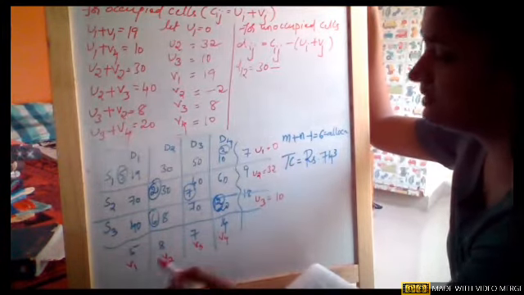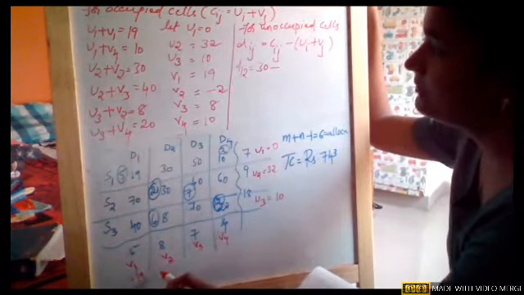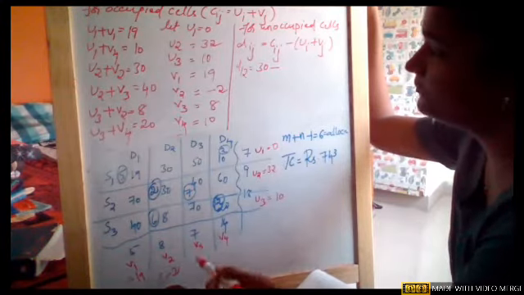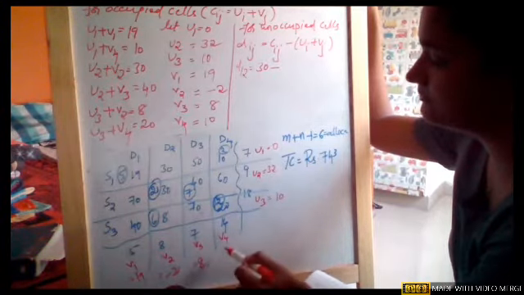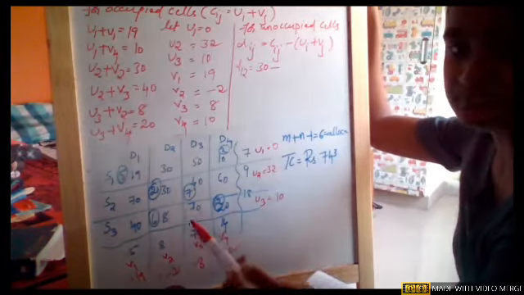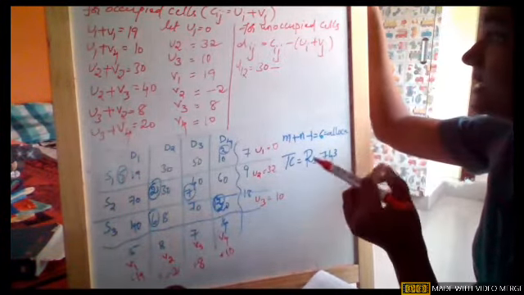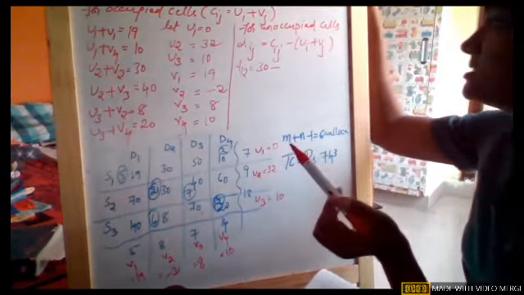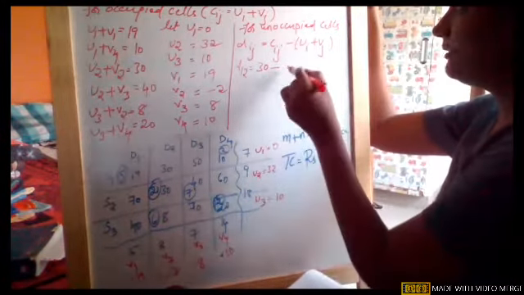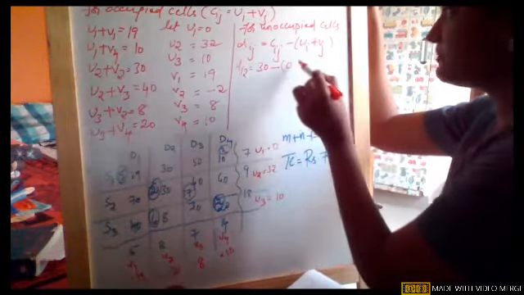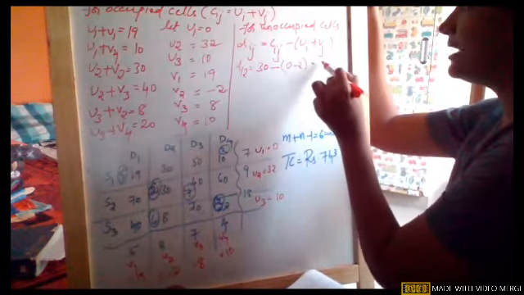V1 is 19, V2 is -2, V3 is 8, and V4 is 10. So D12 is 30 minus U1, which is 0, and V2, which is -2. So D12 value is 32.